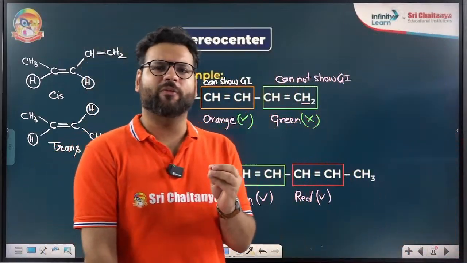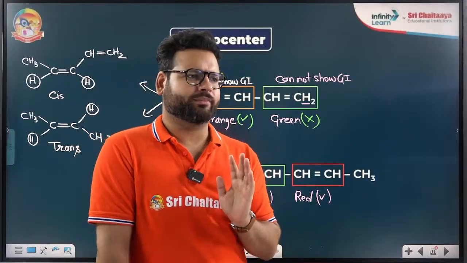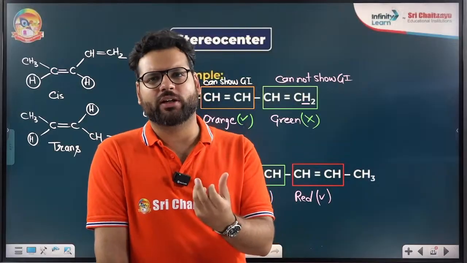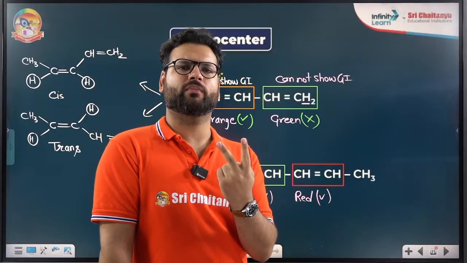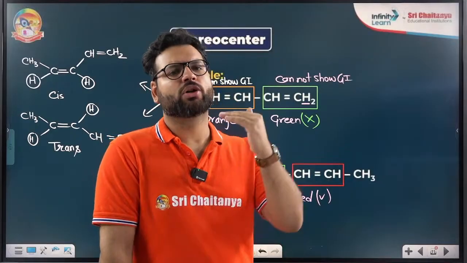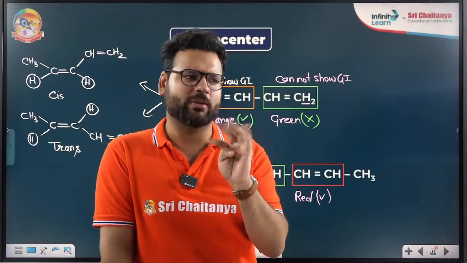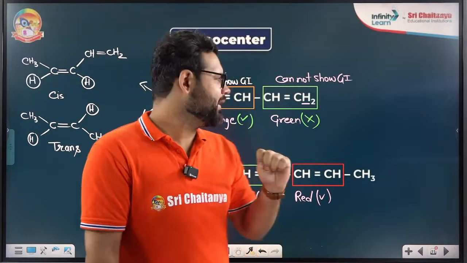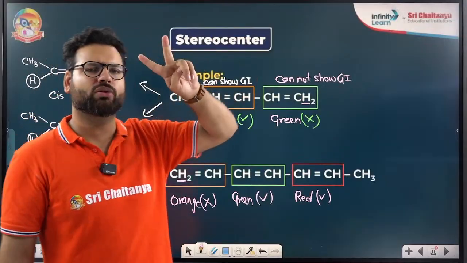So simple formulas will come at the end of the class, which is 2 to the power n, where n represents stereocenter. If you have two stereocenters, 2 to the power 2, 4 isomers will be possible. When there is a single stereocenter, 2 to the power 1, 2 stereoisomers.